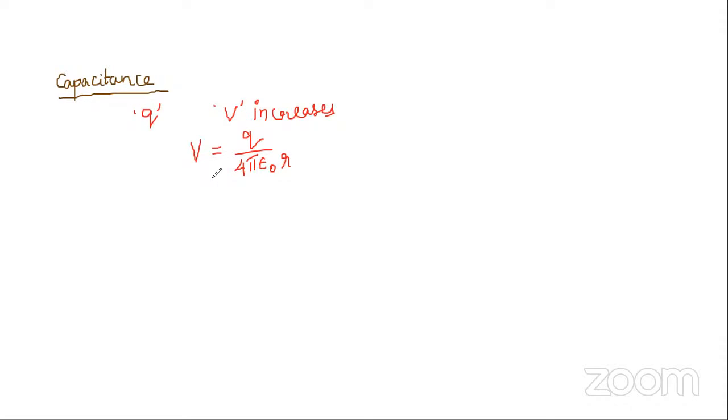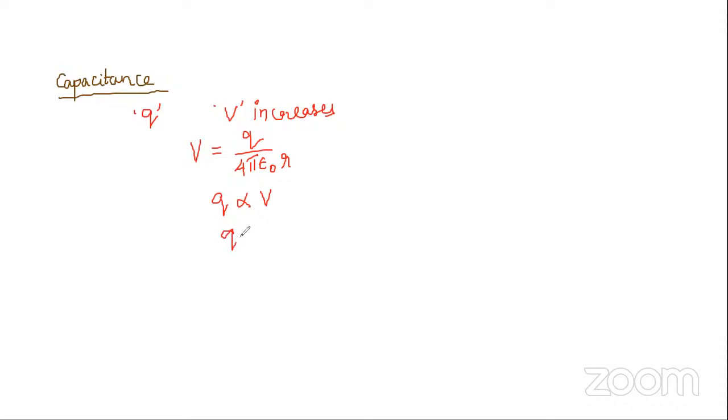Whatever charge you are supplying, you get a proportionate amount of potential on that conductor. So Q is proportional to V, apart from the proportionality factor 1 by 4 pi epsilon naught R. The potential generated is directly proportional to the charge given to the conductor.